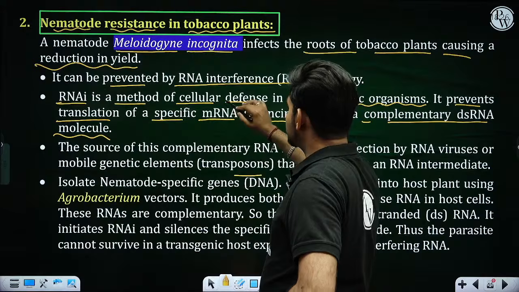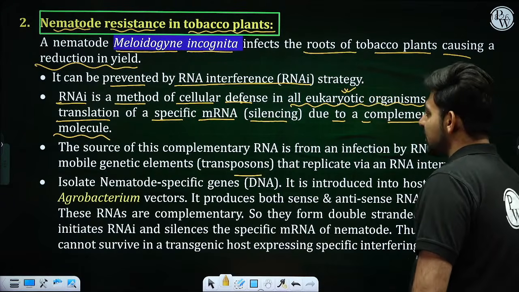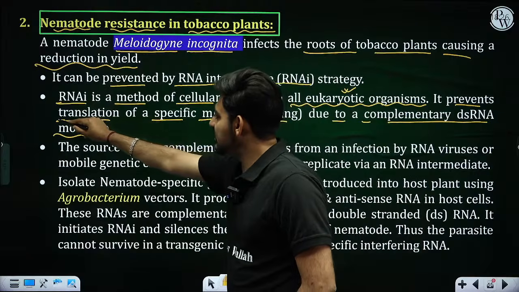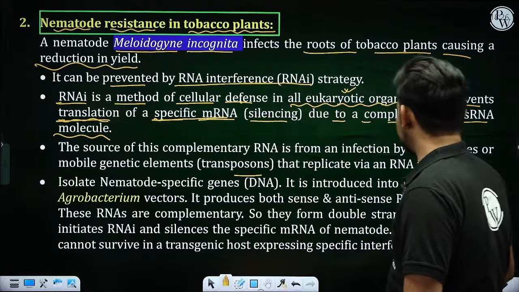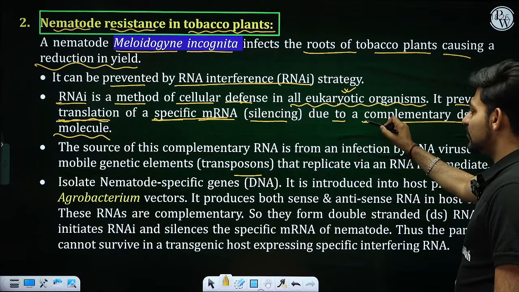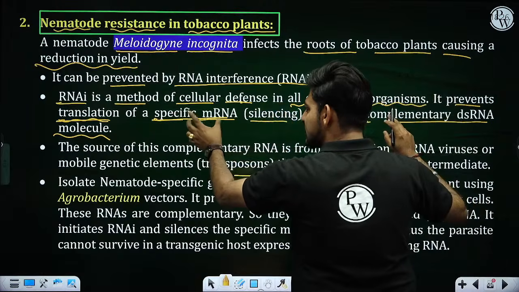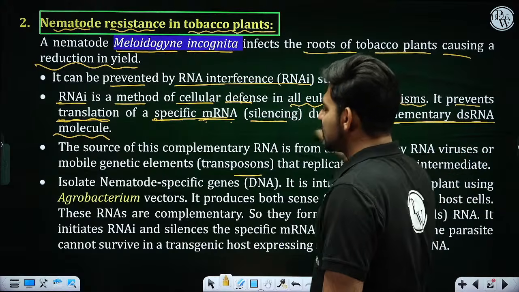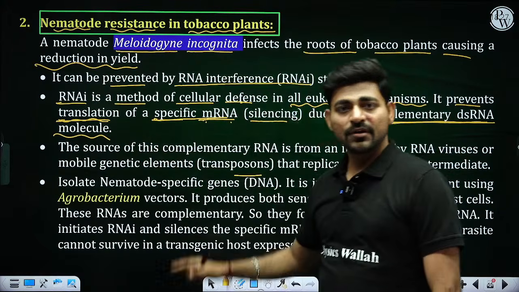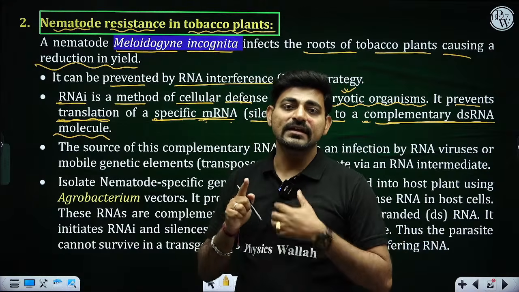RNAi method is a cellular defense in all eukaryotic organisms. It prevents translation, protein synthesis, of a specific mRNA sequence. How are you stopping the translation of this mRNA? With the help of a complementary double-stranded RNA molecule which has one sense strand and another antisense strand.